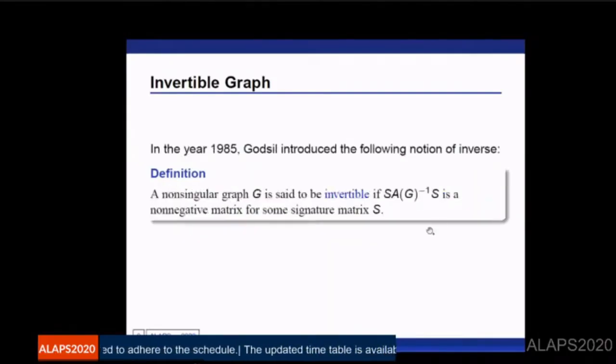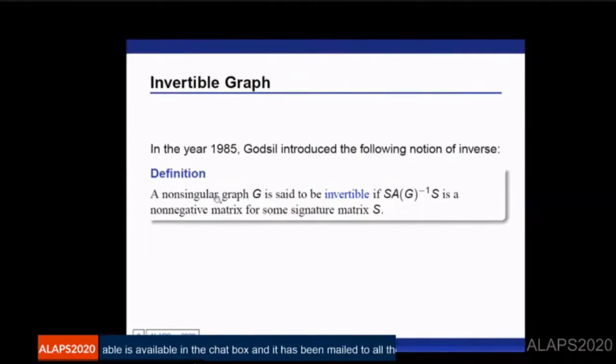So then, in the year 1985, Greenspan introduced a new notion of inverse. He defined a graph G to be invertible if the inverse is signature similar to a non-negative matrix, where S is a signature matrix. Now the signature matrix S is nothing but a diagonal matrix whose diagonal entries are plus or minus 1.